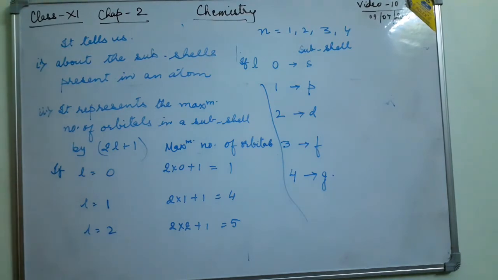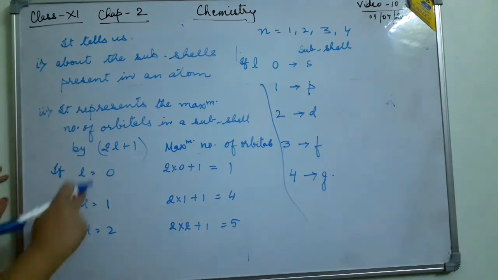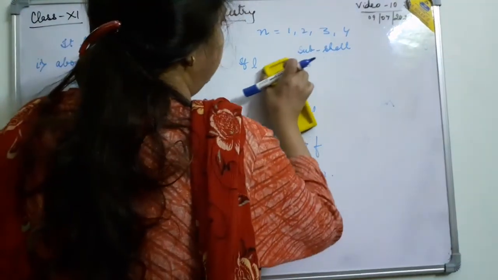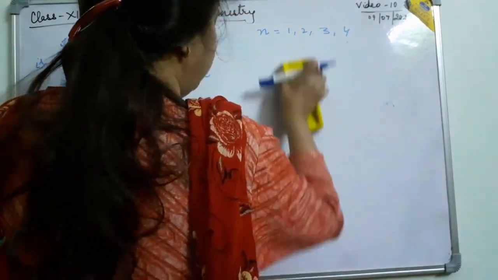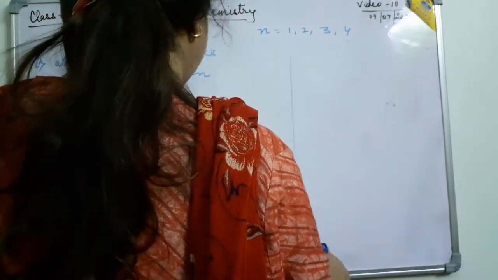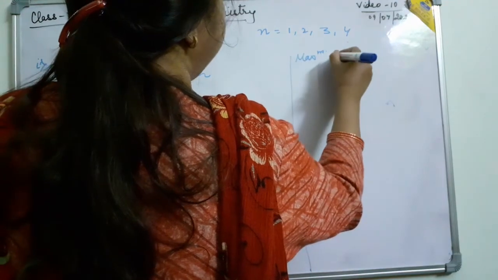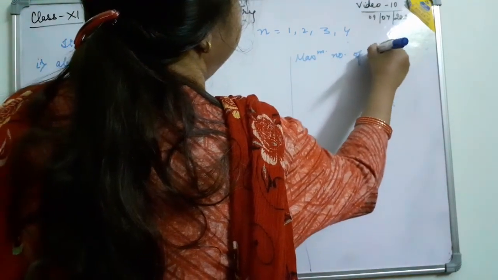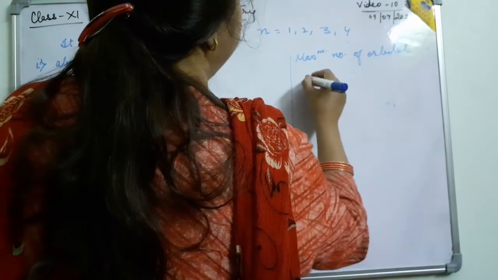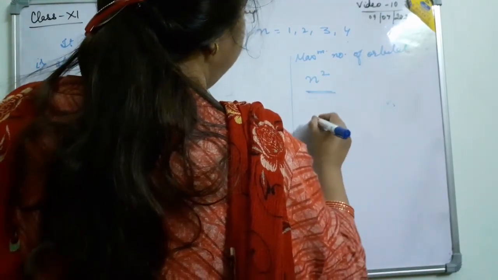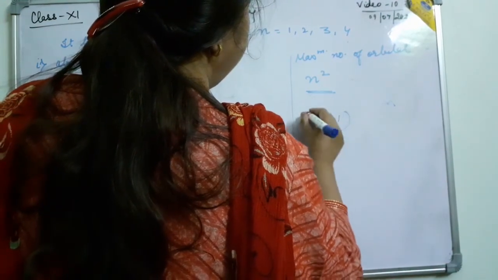Likewise, the maximum number of orbitals can be calculated by the principal quantum number, by n square, or by the azimuthal quantum number, by 2l plus 1.